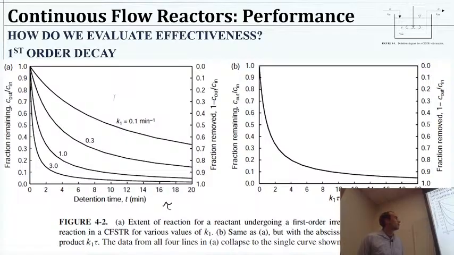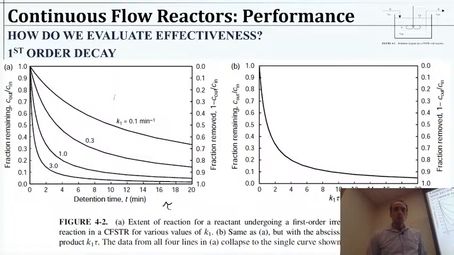So we can take a look and see, given different kinetic parameters, so given different rate constants, how many detention times, or how long of a detention time, do we need in order to achieve some fractional removal. So if we wanted to remove 90% of something, we could draw a line across here and see, given some rate constant, how long does it take before we get there? And you see on the right side axis, this is just fraction removed, and the left is fraction remaining.